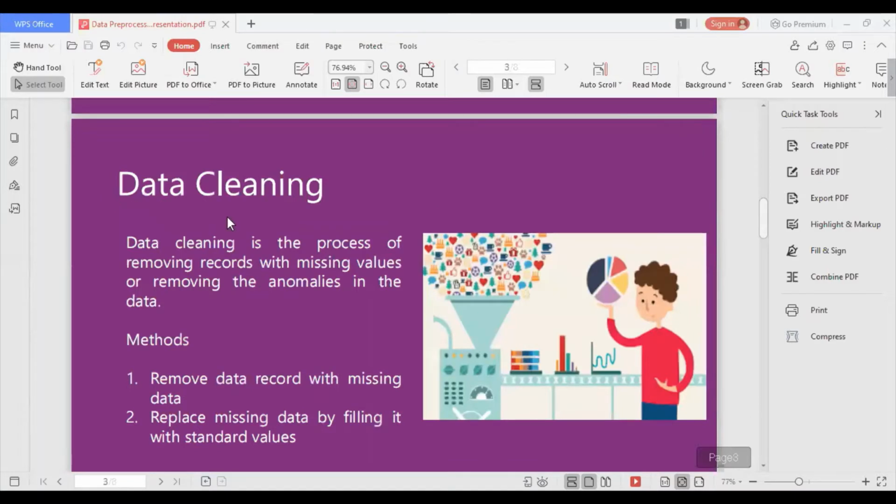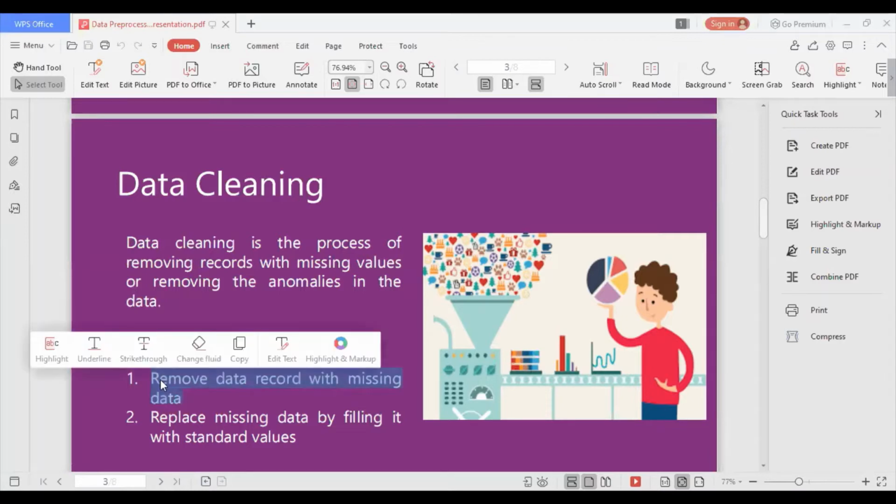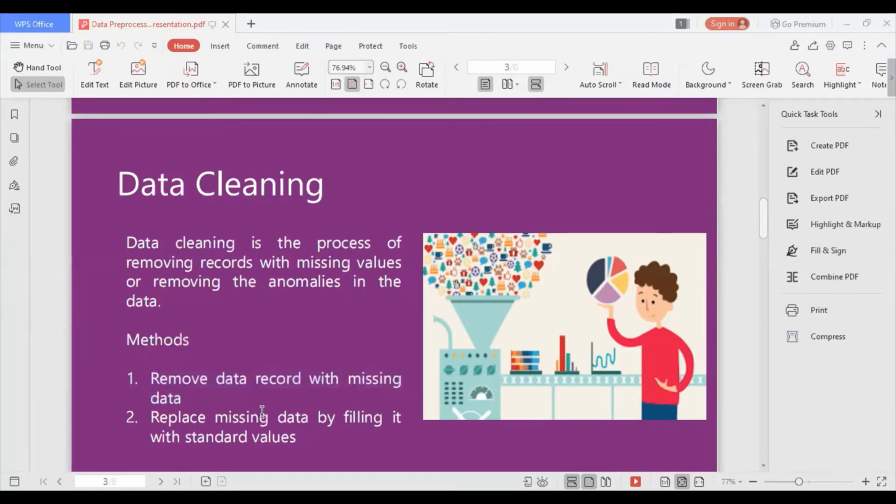So the first preparation method is data cleaning. We might have talked about this while dealing with data analysis. Data cleaning means that we want to remove values that are not good in the data set, or missing values. Do you understand that? We can either remove missing values from the data set, or fill the data set with maybe standard values.